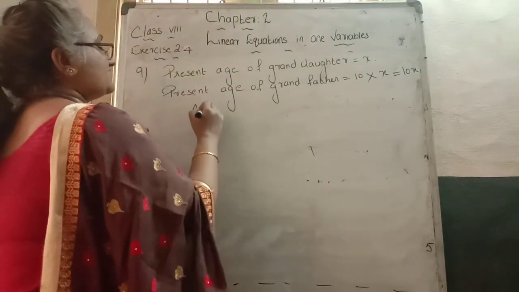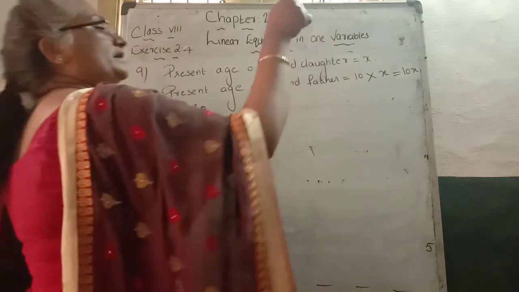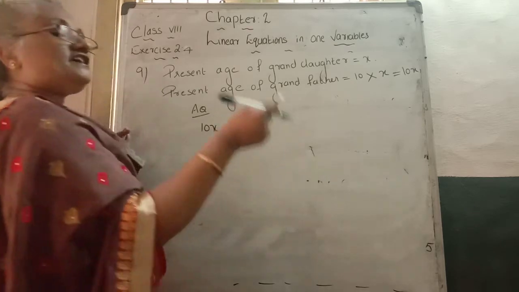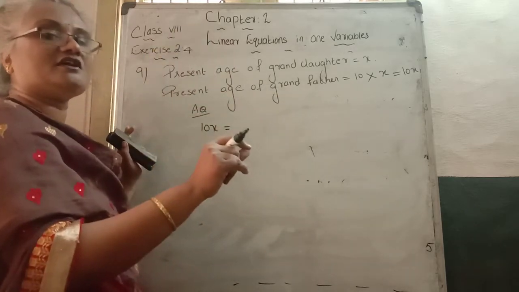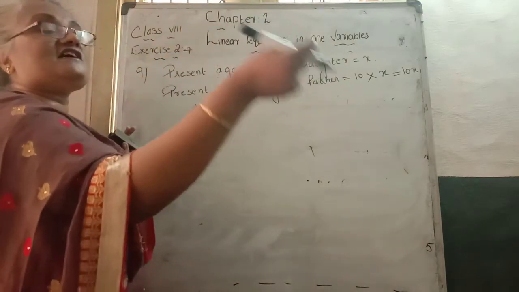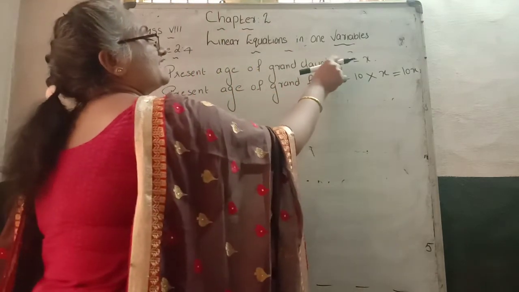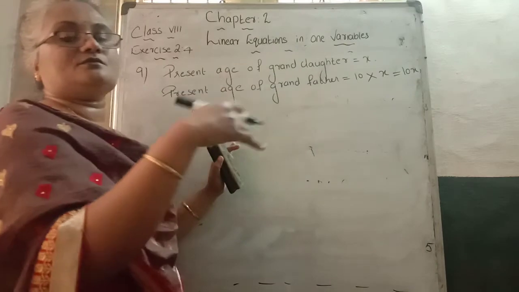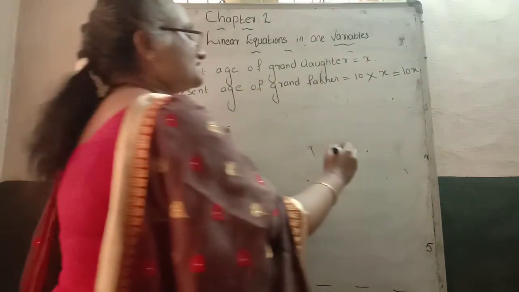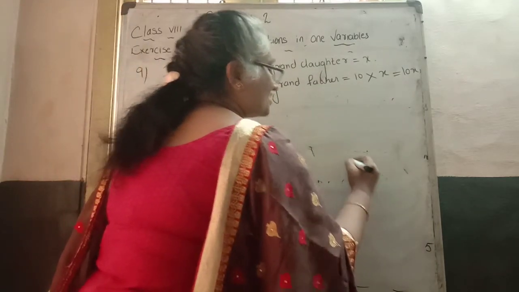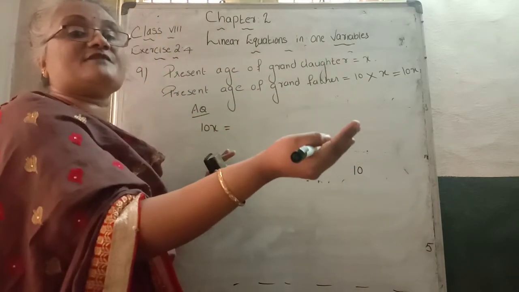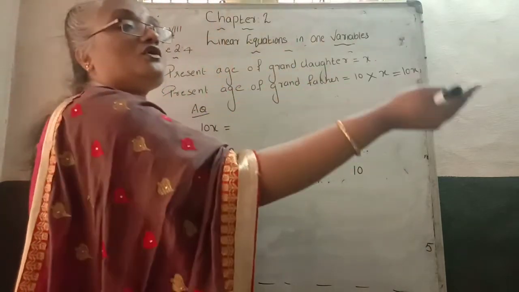According to the question, the present age of the grandfather, that is 10x, equals 54 years more than the granddaughter. Suppose you have a brother or sister, and you are 10 years old, then your sister is 5 years more than yours.